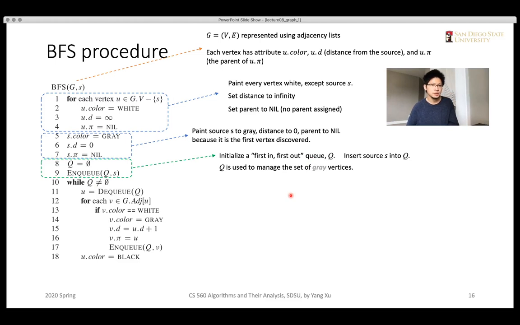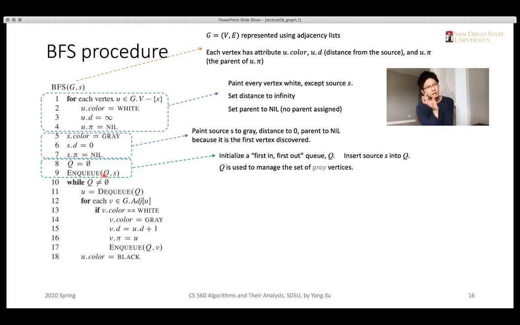This queue is important in this procedure because it helps us manage all the gray vertices. We need to use this queue data structure to hold all the gray vertices, as you will see as we go.